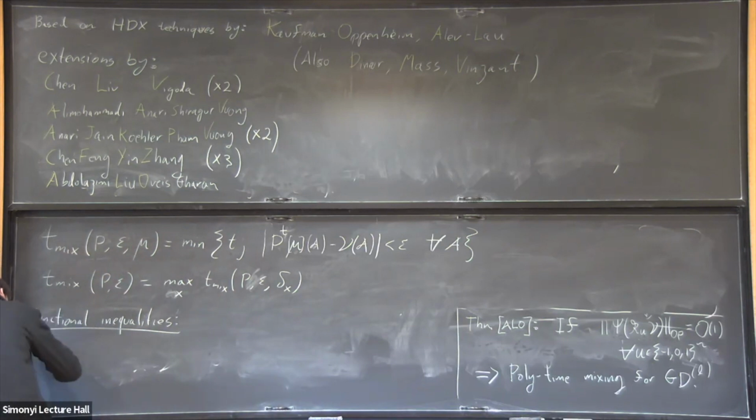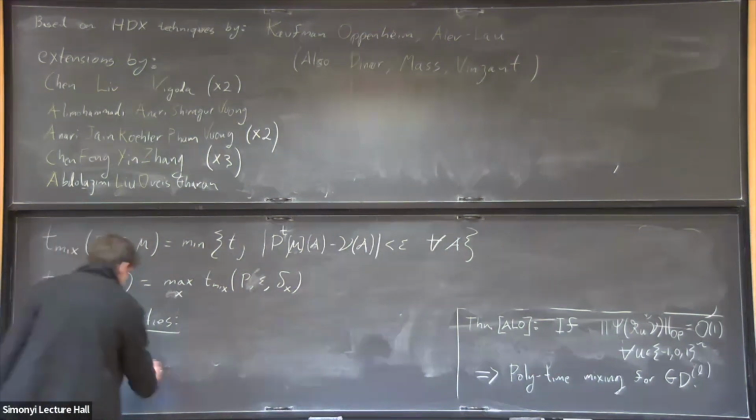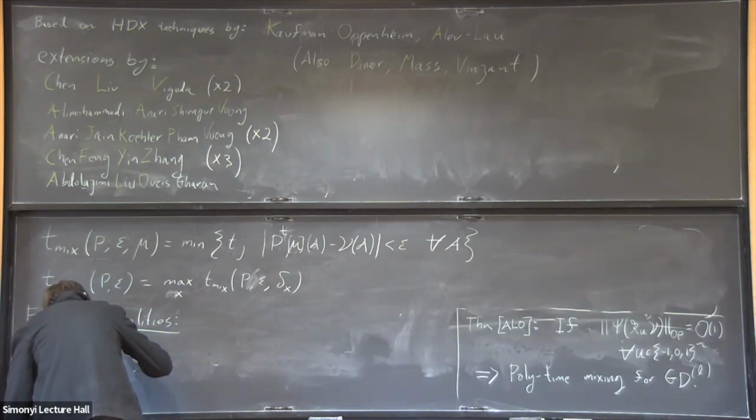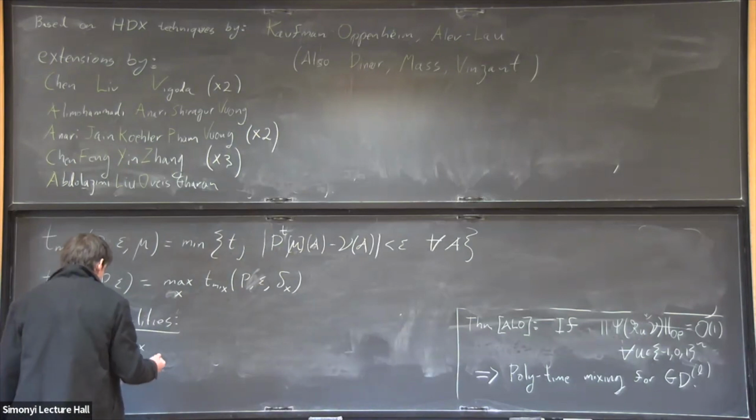So lambda of P I can define as a Rayleigh quotient.